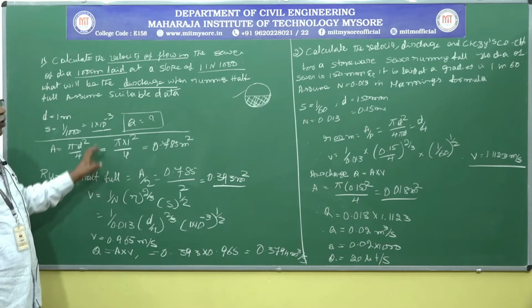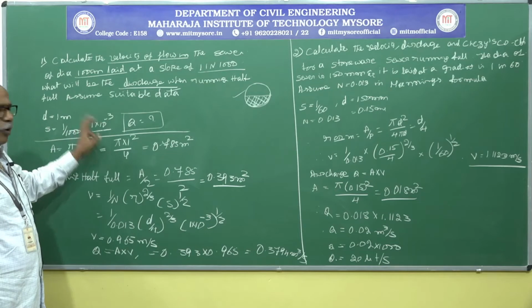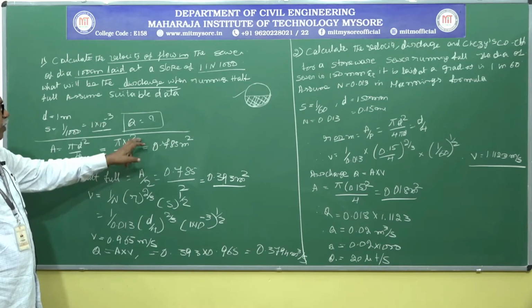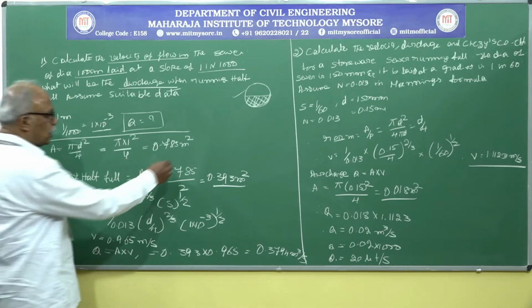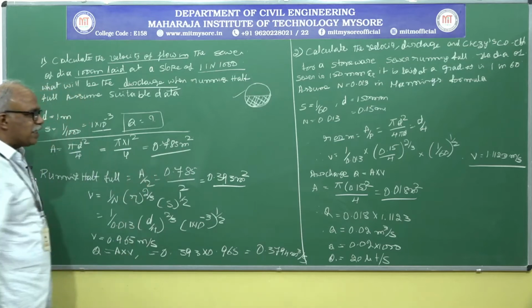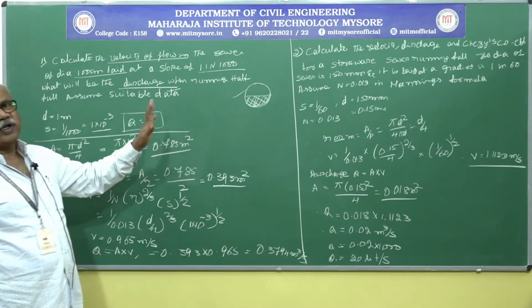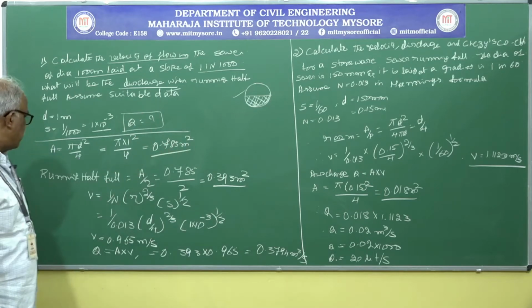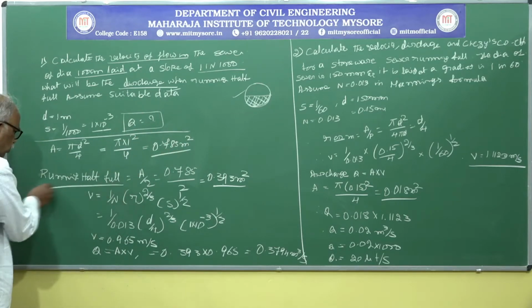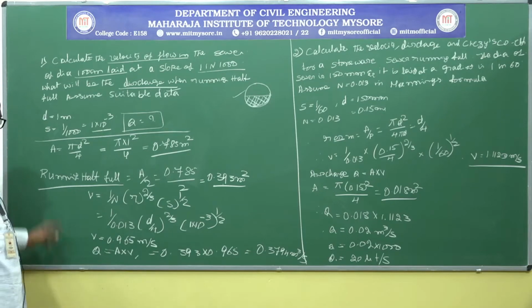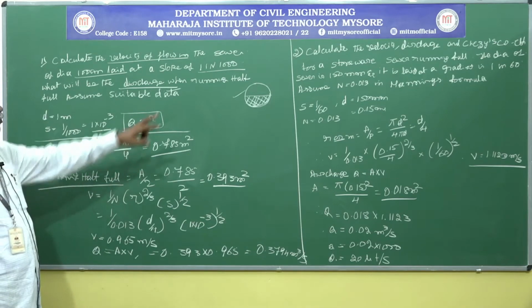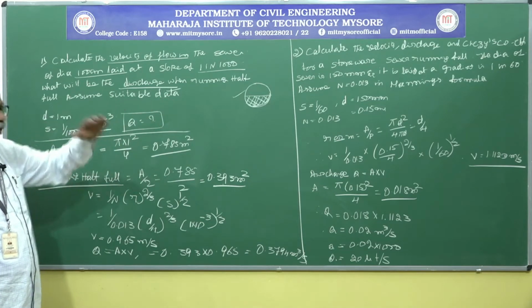Finally, I can get 0.785 meter square. The area is this much. Next, the problem mentions very clearly running half full, not full.